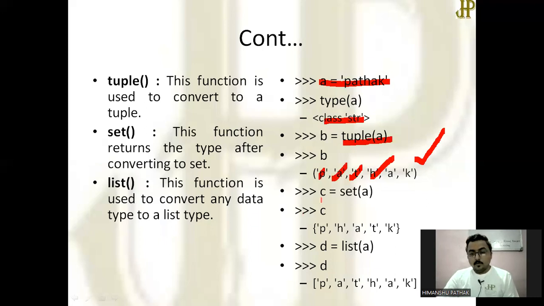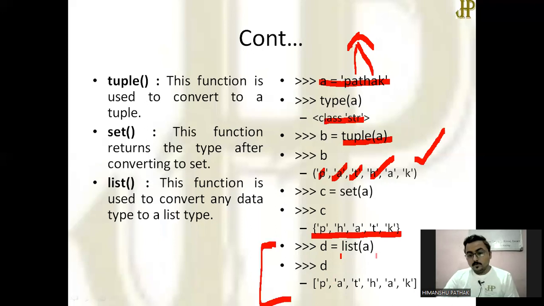Again, I'm going to convert a string into a set. You know that in a set there is no duplicacy of data. In Pathak, you can see that A is repeated 2 times, so it should print only 1 time A. Here you can see that P is printed, H is printed, A is printed only 1 time, then T, then K. And in the last, list is created.